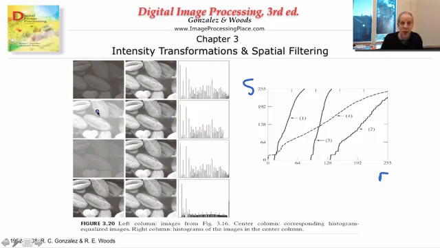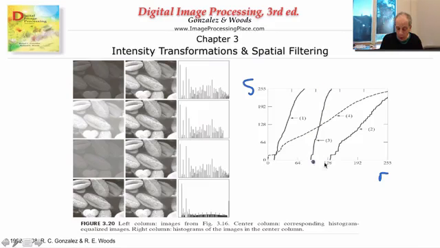This one actually needs to darken the pixels, and we see that in the corresponding map; look at what happens here. And this one needed to stretch the pixels. Remember, they were in the middle. It needs to stretch them, and we actually observe that here. It's basically stretching the pixels from the middle.